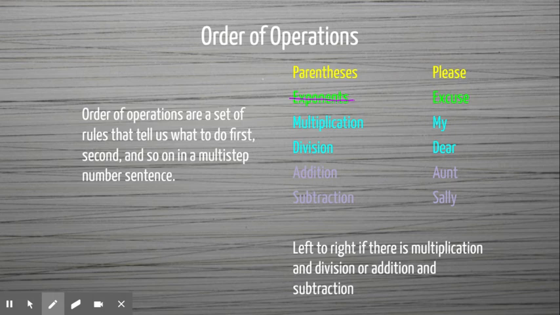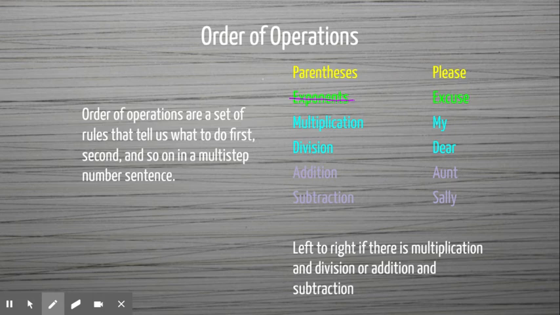So if you notice the colors, parentheses yellow, exponents green, I did multiplication and division in light blue. The reason is that if there's multiplication or division in the number story, you solve those problems from left to right, like if you were reading it. So it doesn't mean I have to do multiplication first.